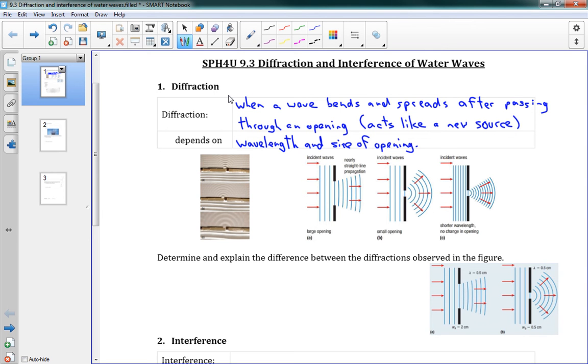And what we can say is that in general, for there to be diffraction happening, the wavelength over the width of the opening, lambda over w, must be greater than or equal to 1. So that means that the wavelength must be at least as large as the width of the opening. Or we can say that the width of the opening needs to be smaller than the wavelength for us to really see any diffraction going on.